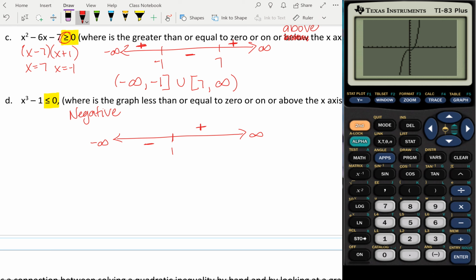So where are they negative? Well, in the interval from -infinity to 1, I will use a bracket because it is less than or equal to. I prefer using this version of a number line to look at my answers versus trying to visualize it. So let's move on.